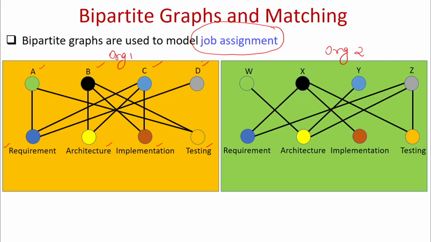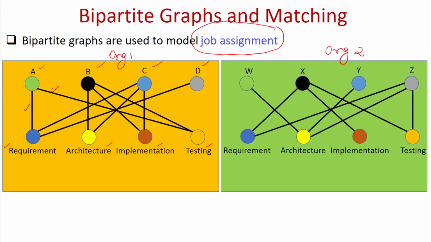The skill set of each employee is modeled by adding an edge between the node representing that employee and the node representing the corresponding skill which that employee can handle. For instance, this edge here denotes that the employee A is capable of handling requirement, and this edge from A to testing denotes that he is capable of handling the testing module as well.